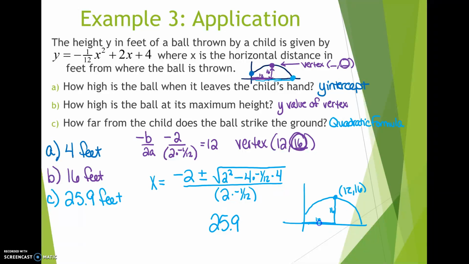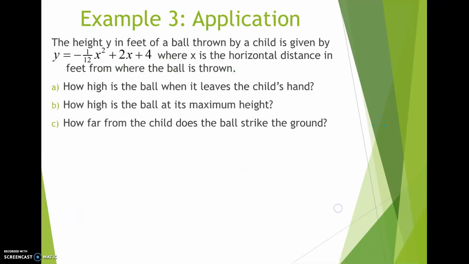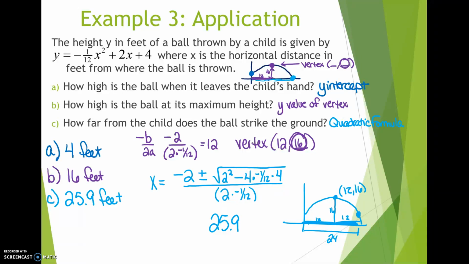So if this piece is 12, what is this piece? 12. 24. It's really 12 only to about here. So from here to here is 24 feet. So the ball's going to go a little bit farther than 24 feet when it goes from like 4 feet up down to actually hitting the ground. But notice our answer was 25.9.